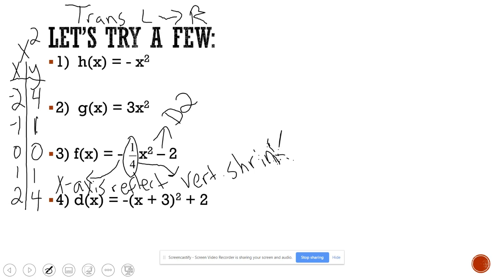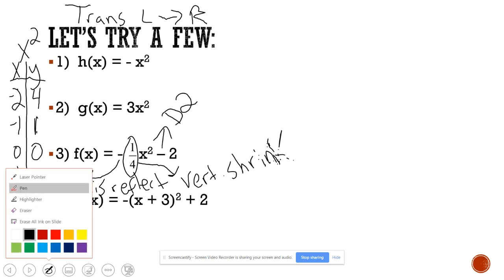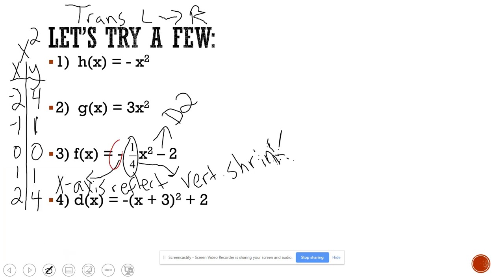So furthest to the left is our x-axis reflection. I'm going to note that with red. And remember that says take our y values and make them the opposite sign. So now these become negative.